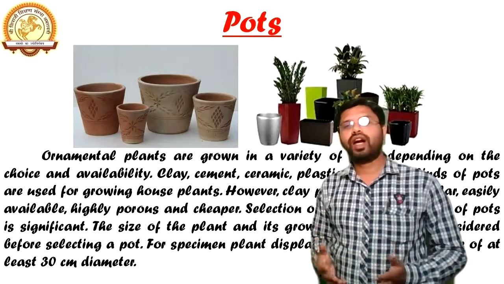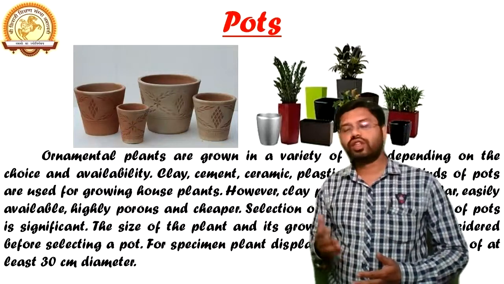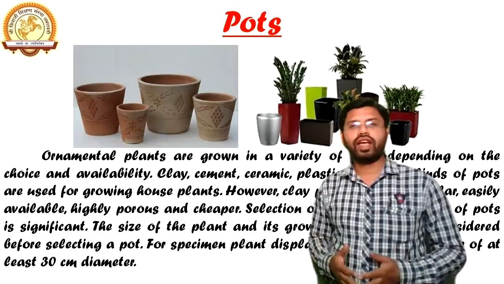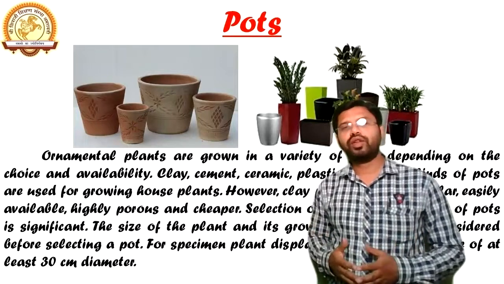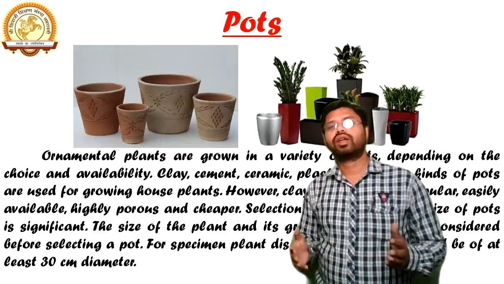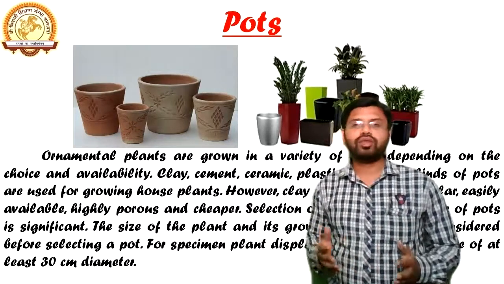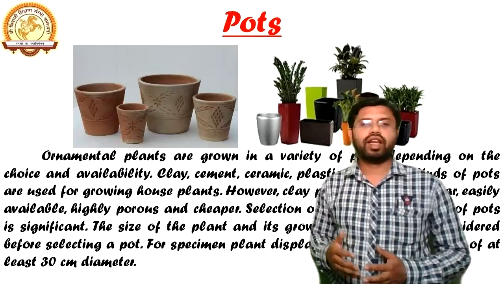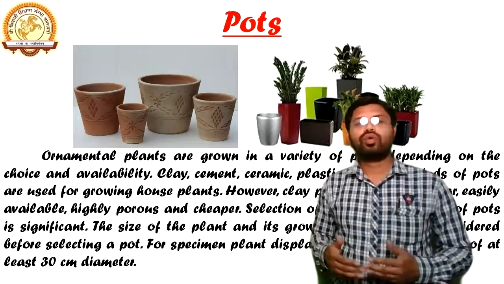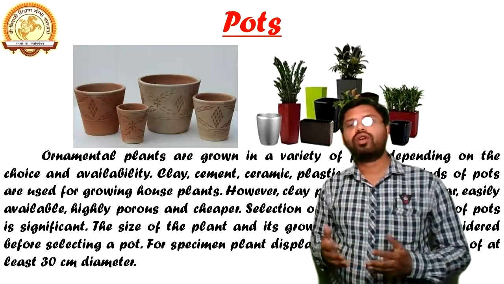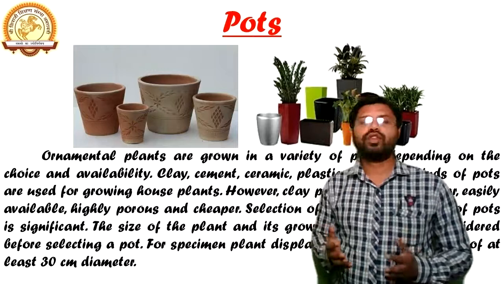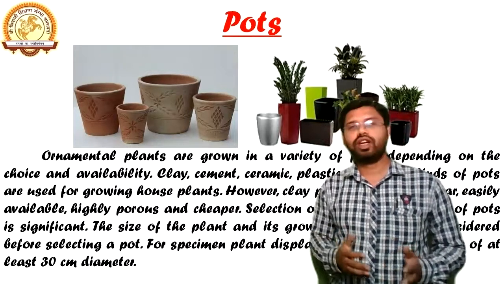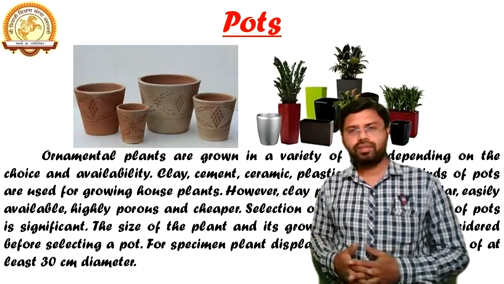Now, the selection of the pot depends on particular features, like which type of plant you have, how big a pot you need, and what the size of the pot will be. So these are the basic characteristics. Another is where the pot is going to be placed, whether inside the house or outside the house.